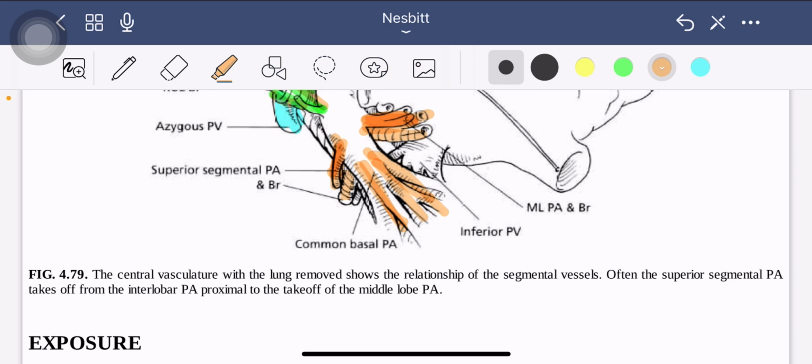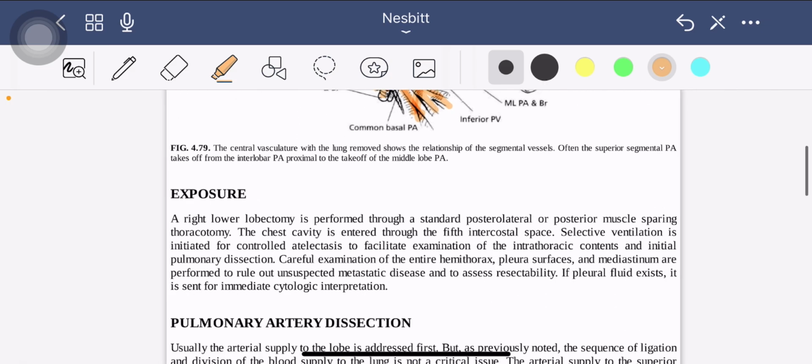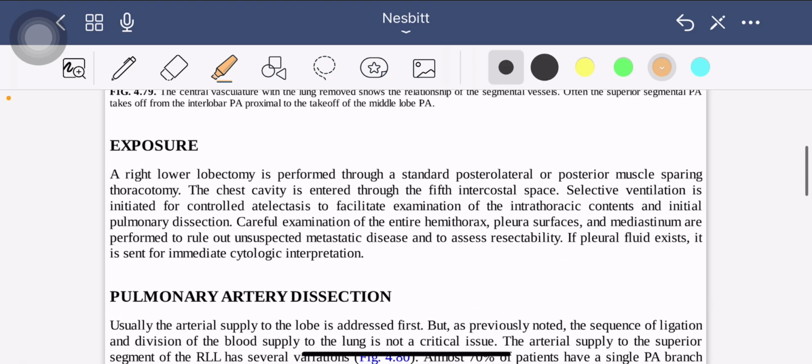So in the central vasculature of the lung, the superior segmental pulmonary artery of the right lower lobe takes off from the interlobar pulmonary artery, proximal to the takeoff of the middle lobe pulmonary artery.